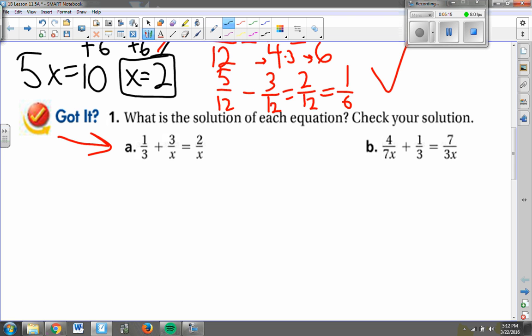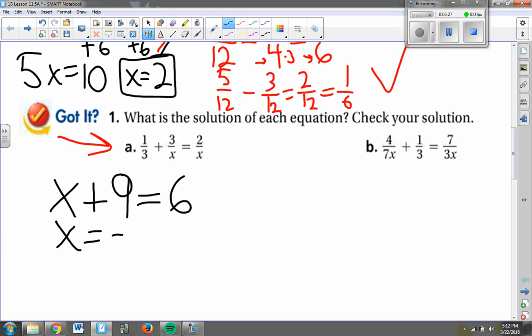All right, when we bust out our fractions, we should get x plus 9 equals 6. x is equal to negative 3. Okay? And if you plug that back in, you find, well, that's 1/3 plus 3 divided by negative 3 is negative 1. 2 over negative 3 is negative 2/3. 1/3 minus 1 is negative 2/3.